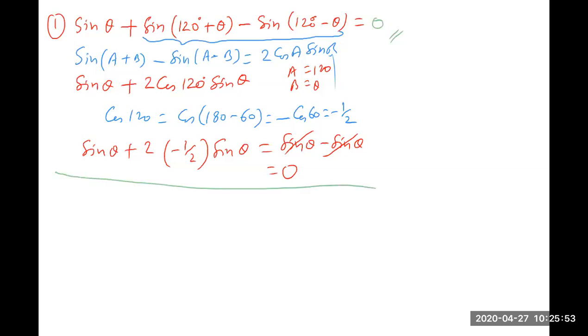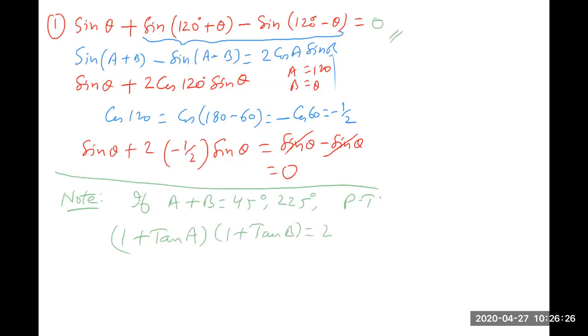See, the next important thing is now. Note, you must take special care of this. If a plus b is equal to 45 degree or 225 degree, then prove that 1 plus tan a into 1 plus tan b is equal to 2, or 1 minus cot a into 1 minus cot b is equal to 2.